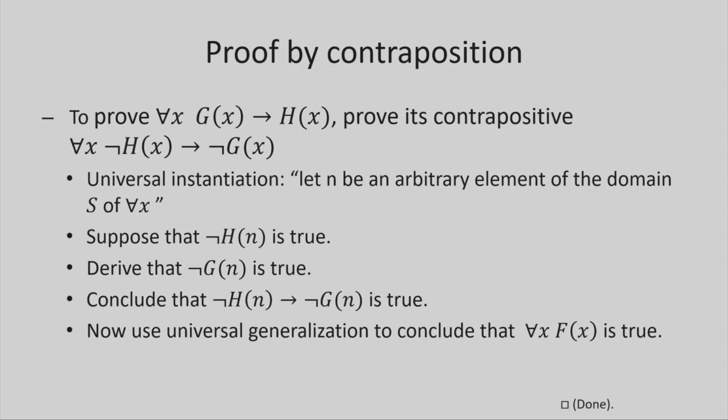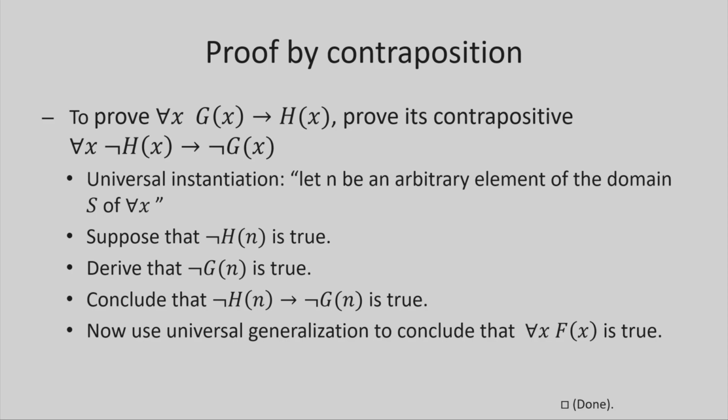So here is the structure of the proof. Again, you start with universal instantiation for all x. Then, rather than let n be an arbitrary element such that g of n is true, you say, suppose n is an arbitrary element such that not h of n is true.